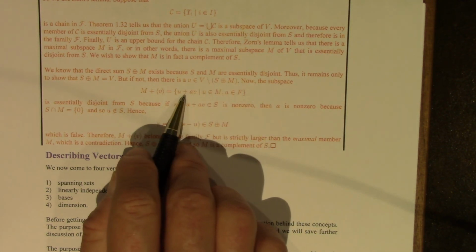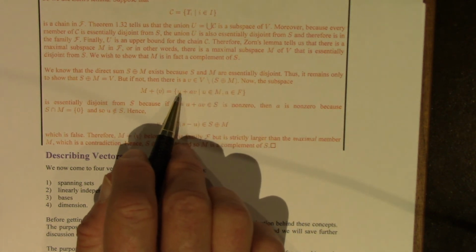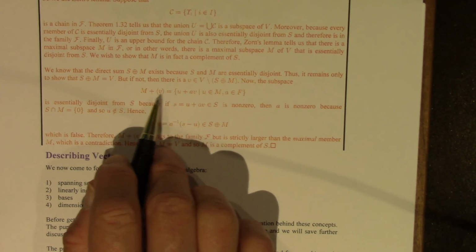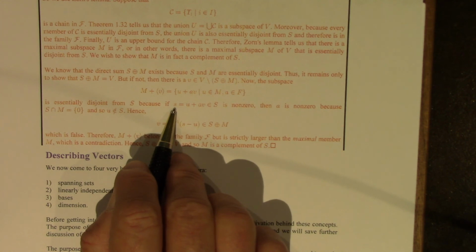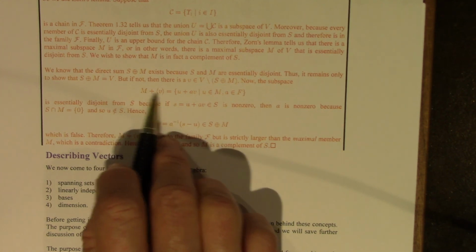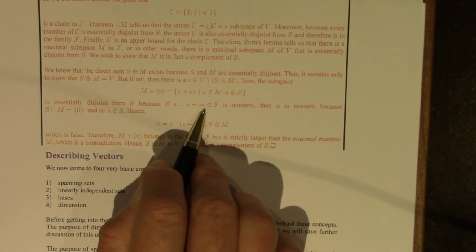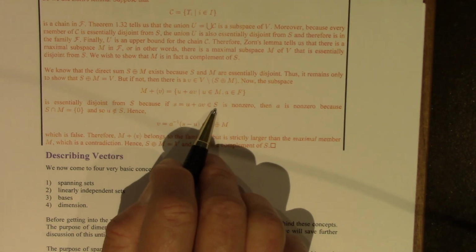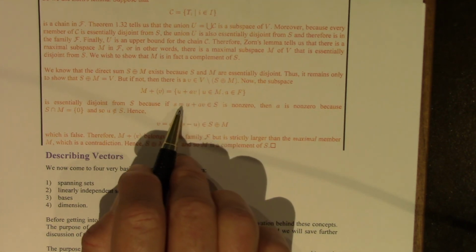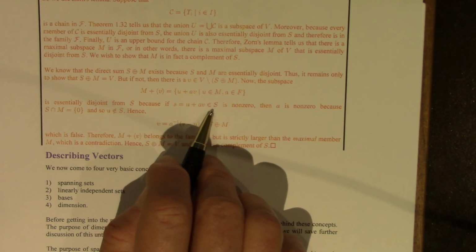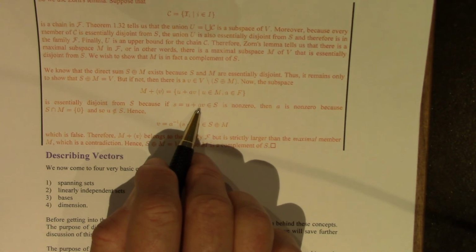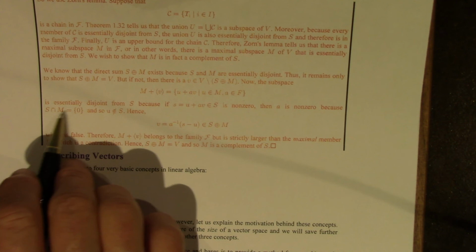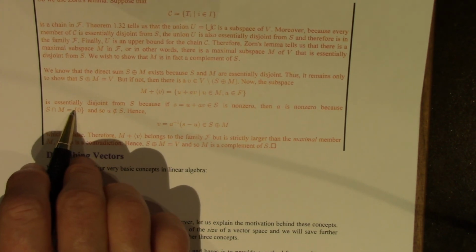But this subspace is essentially disjoint from S as well, because if a little s in here, so that would be u plus av, belonged to capital S and was non-zero, then a has to be non-zero because S and M are essentially disjoint.